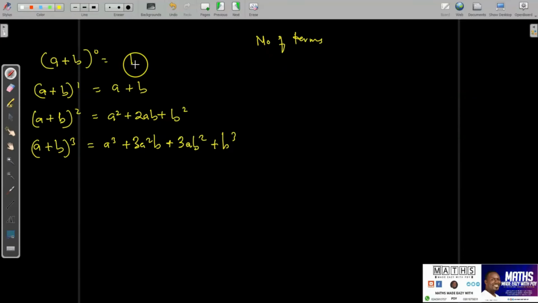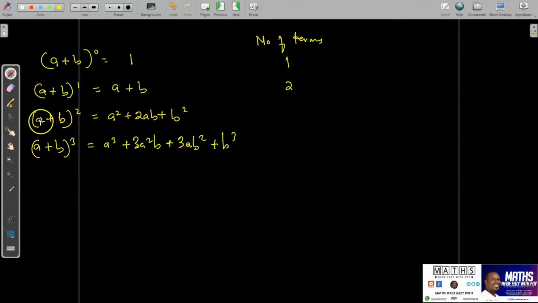How many terms in all did you obtain after expansion? Only 1 term. Good. a plus b all to the power 1: the expansion gave us a plus b. The power was 1. How many terms did we have in all? 2 terms. Good.